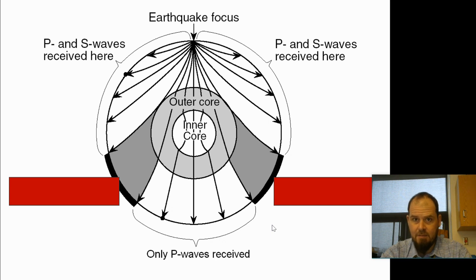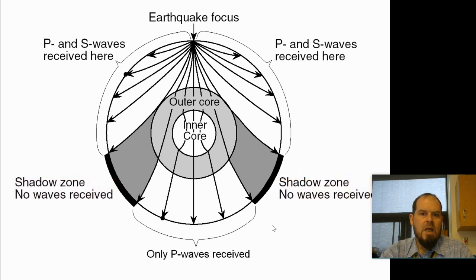We're going to find out why. And the shadow zone is where no waves were received. Okay, and that's because there was a liquid core there. The inner core is solid, the outer core is liquid.